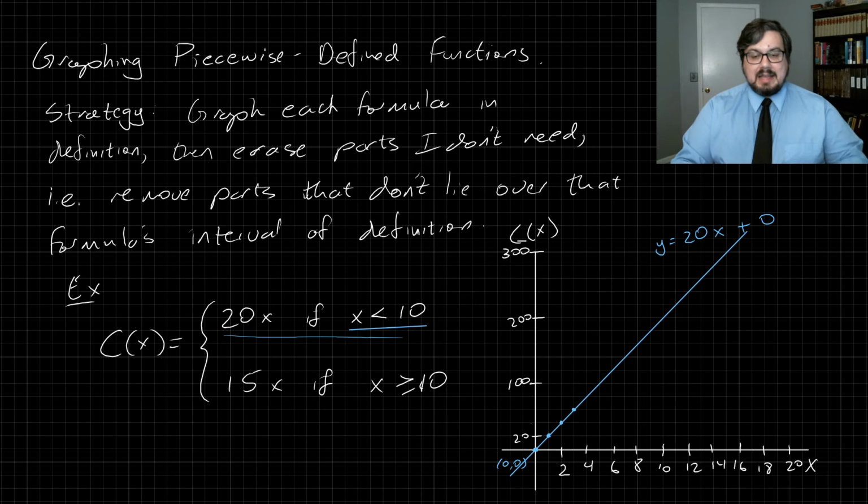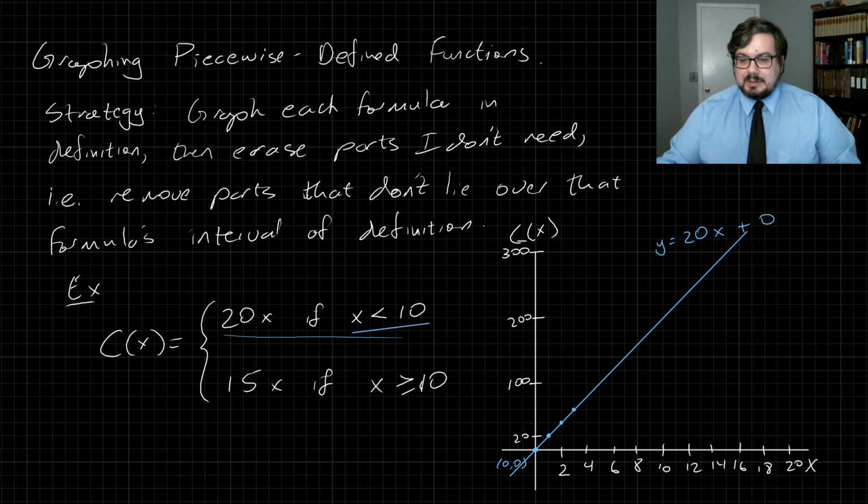We see that this is only supposed to apply when x is less than 10. So what we want to do now is find the point on the graph that corresponds to an x value of 10. And that's right up here. We have the point 10, 200 on the graph.